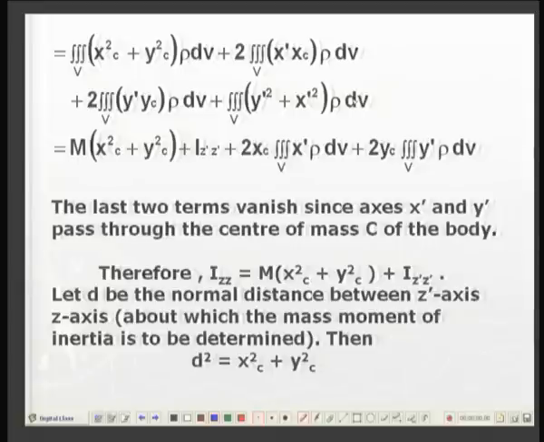Now xc and yc, the coordinates of the center of mass, are constant quantities, just fixed numbers. So I can take them outside, and inside we will be left with the volume integral of rho dV, which is nothing but the total mass of the body.